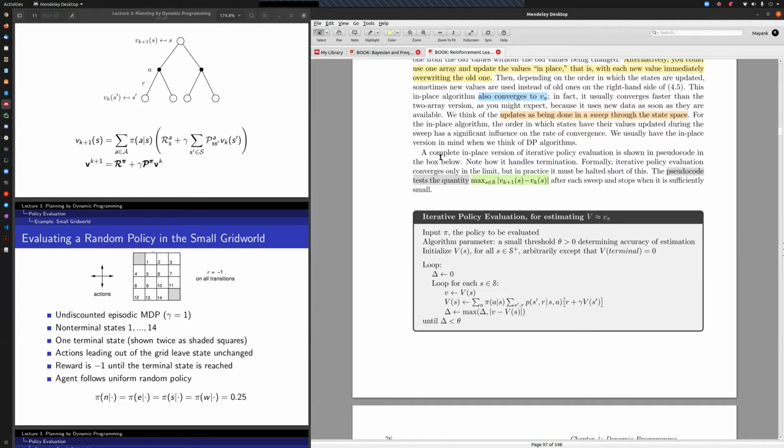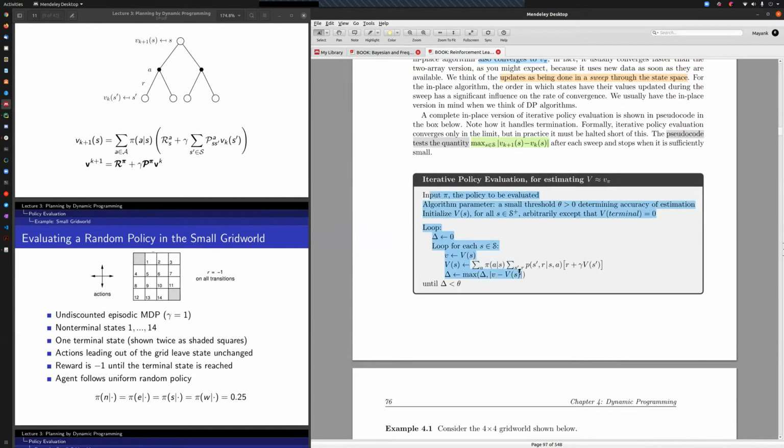The complete in-place version of the iterative policy evaluation is shown in the pseudocode. Firstly, we assign all the initial state space to 0, and then we iterate through it, taking the maximum of this or this, v minus v of s.